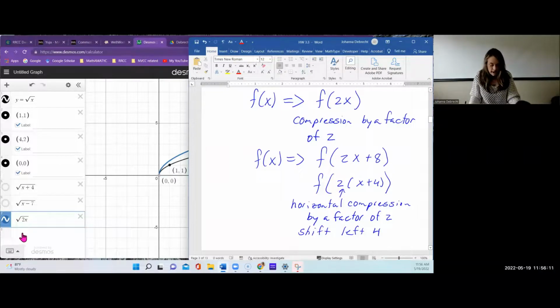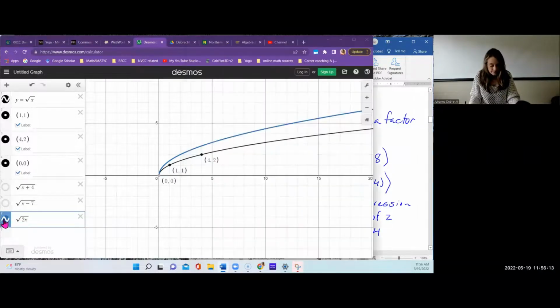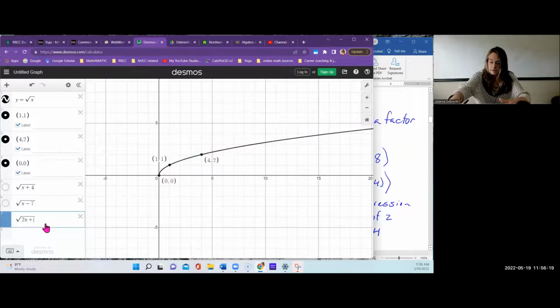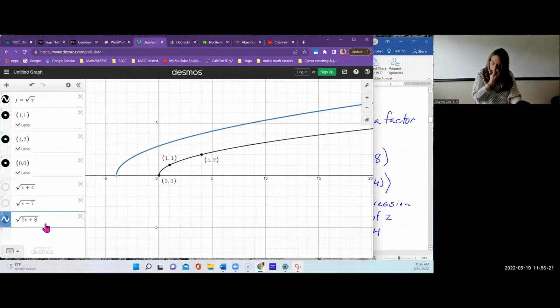Let's see what that effect has on the graph. We'll go ahead and add in here our 2x plus 8. What happened to the graph? Well, first off, the 0, 0 got shifted to -4, 0. So the effect was it cut the x value in half, half of 0 is still 0, and then shifted it to the left 4.